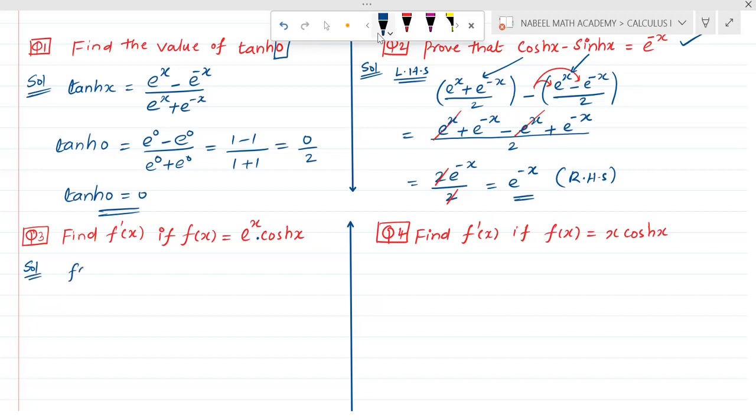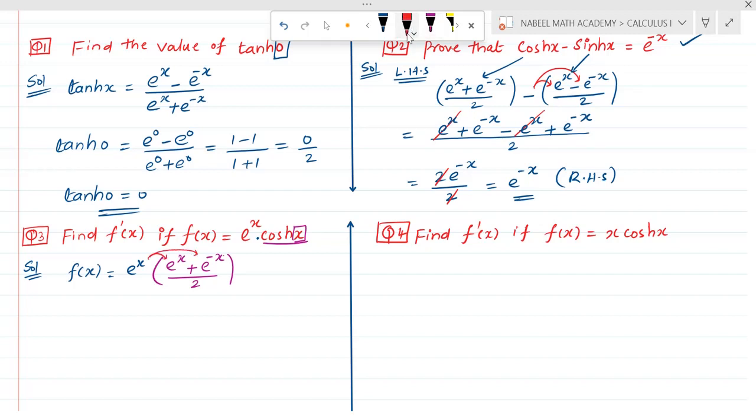So suppose f of x equals e to the power x times this part. What is this part? This is e to the power x because it is x. If it is 2x, I write it 2x here. But it is x, so this is e to the power x plus e to the power minus x over 2. This is the definition. When you multiply inside, what happened?